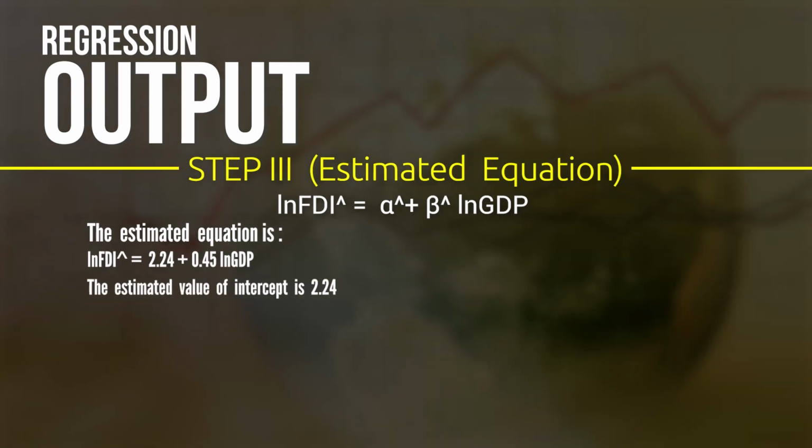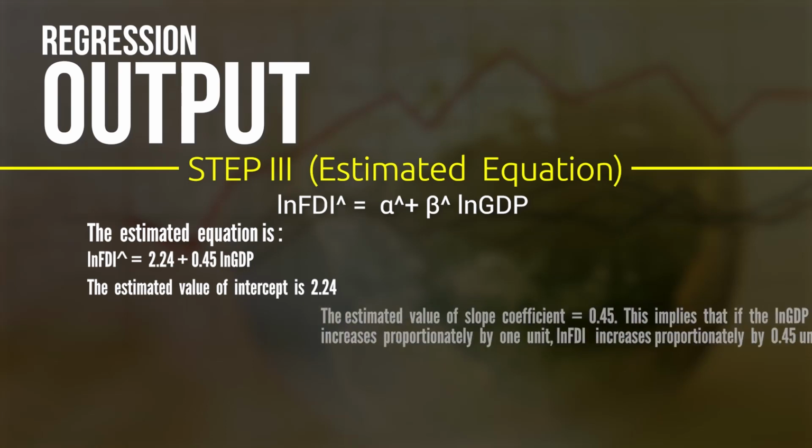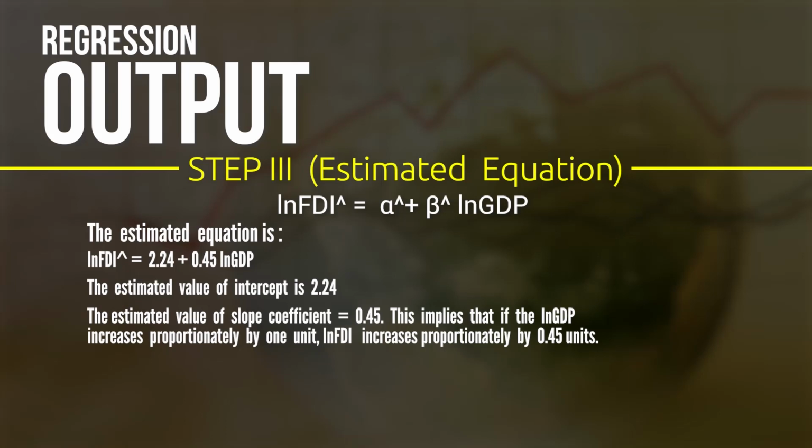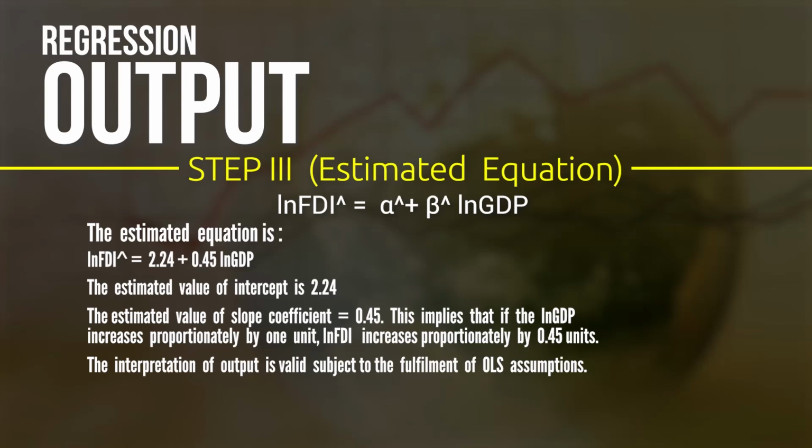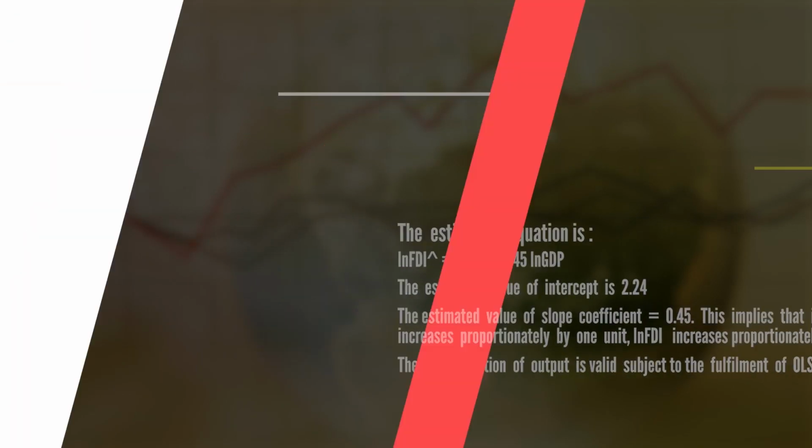This 2.24 will always be constant even if the GDP is 0, because 2.24 is autonomous and it is the constant intercept term. But 0.45 is the slope coefficient, which means that if ln GDP rises by 1 unit, then ln FDI hat will rise by 0.45 units. So it is measuring the magnitude and also explaining the direction of the relationship because of the plus sign.